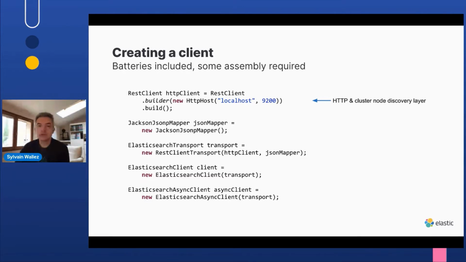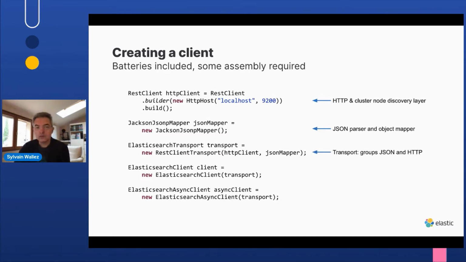That part deals with HTTP requests and responses and cluster node discovery. So it's a very low level that only deals with HTTP and byte arrays. You will have to create the mapper from JSON to your object classes. So we provide out of the box a Jackson mapper and JSONB, which is the Java Enterprise mapper API.